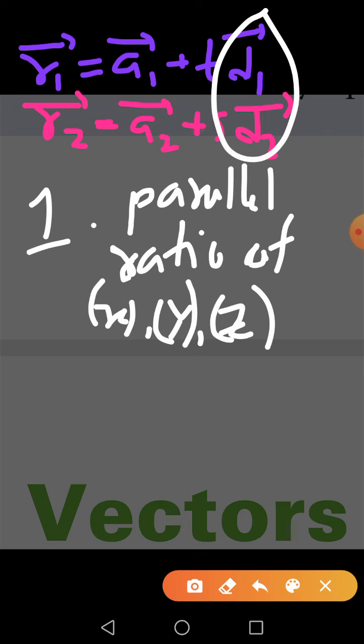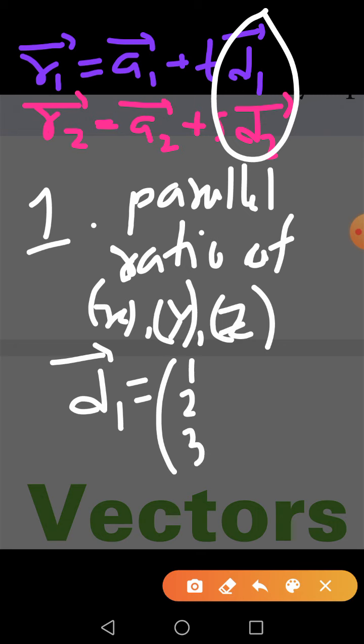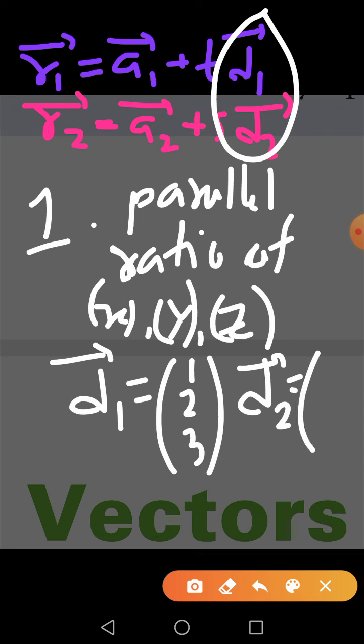Okay. For example, one of the direction vectors is 1, 2, 3, and another direction vector is 3, 6, 9. Now are the two lines to which these direction vectors belong parallel?